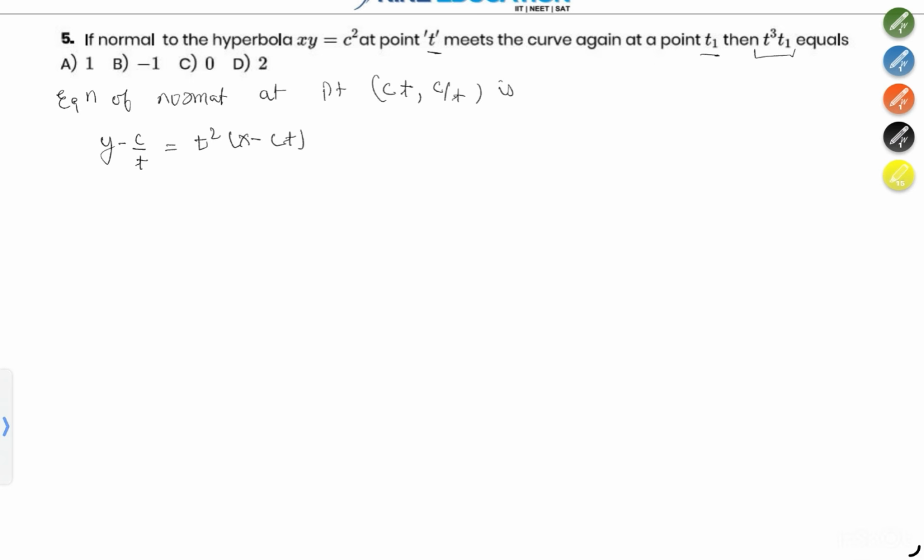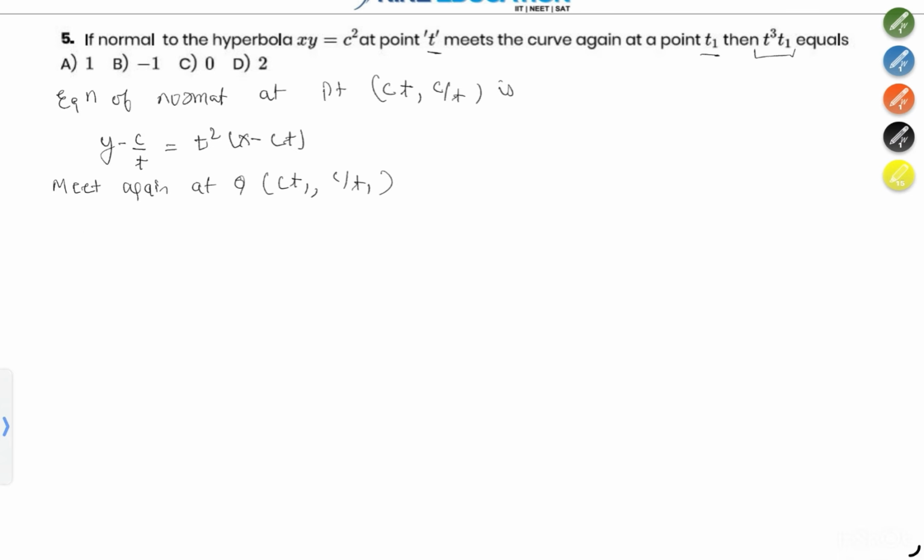Now as they have said this normal is going to meet again at a point t1, it means the t1 point must satisfy this equation of normal. Therefore let us satisfy that. So it meets again at Q, that is ct1 comma c by t1 that we have.